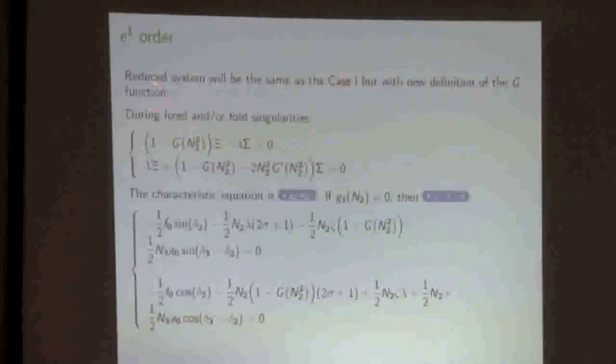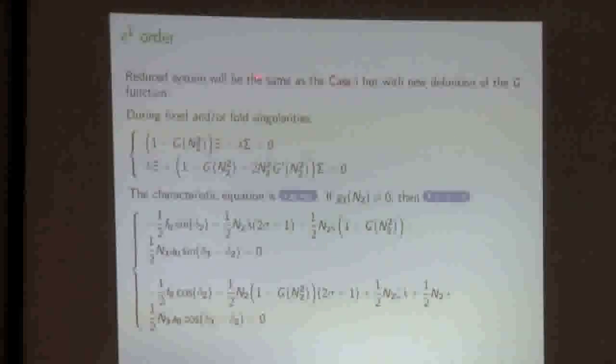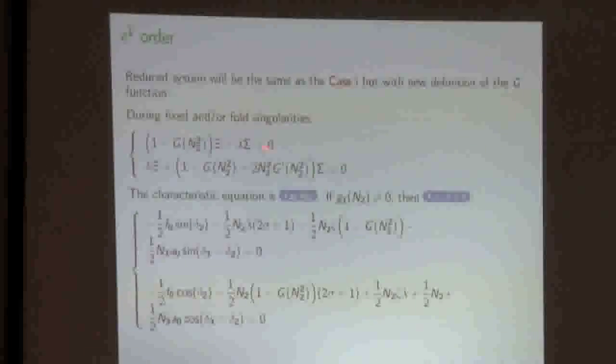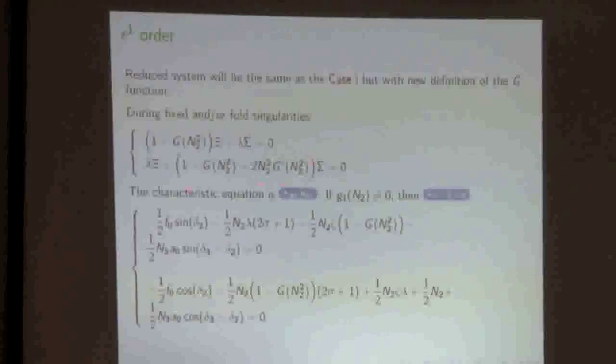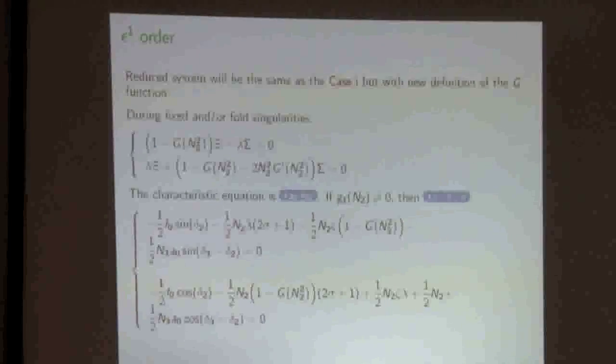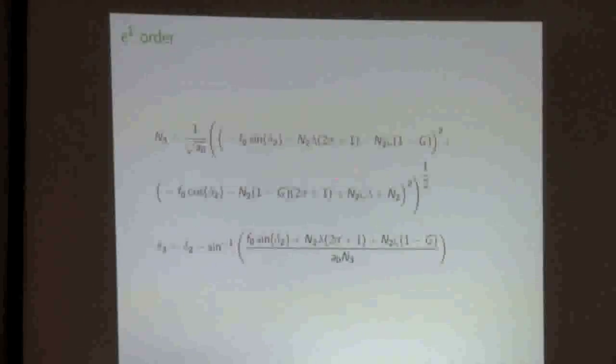So we will obtain again a reduced system. It will be the same as in case 1, but we will have a new definition of the capital G function, and we will have new definitions of the F1, F2, G1, G2 I introduced in the previous case. So simply now we could express N3 in that form, delta 3 in that form.